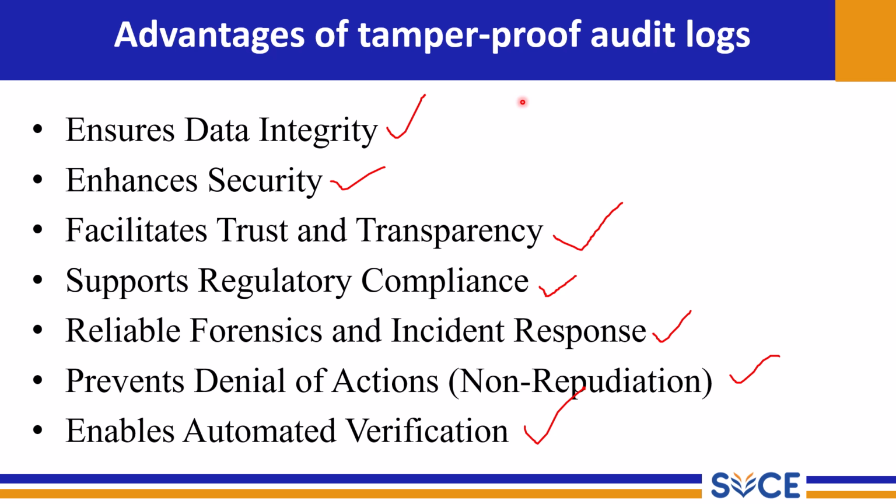And from institution B also, the external security server will be trying to provide the data. Okay, so these are accessed by the users via the citizen portal which they are going to use. Okay, so this is all about the advantages of tamper-proof audit logs.